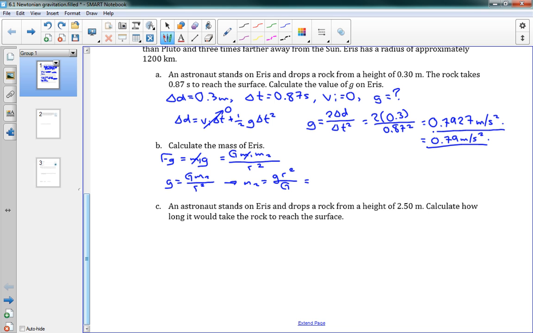And now let's just put in some numbers here. We had g was 0.7927. R, we're told in the problem, r was 1,200 kilometers, which is 1,200 times 1,000 meters. And we divide by big G, which was 6.67 times 10 to the negative 11.